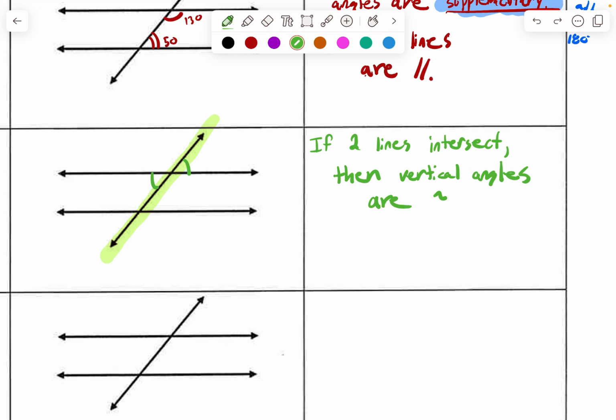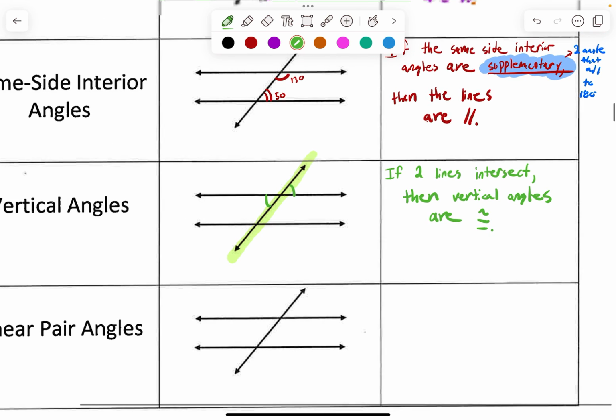Vertical angles do not prove parallel lines, right? It doesn't even make sense. So if they're trying to get you to use vertical angles to prove parallel lines, no, that's so wrong.